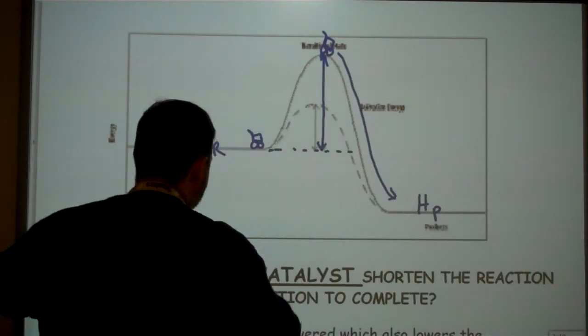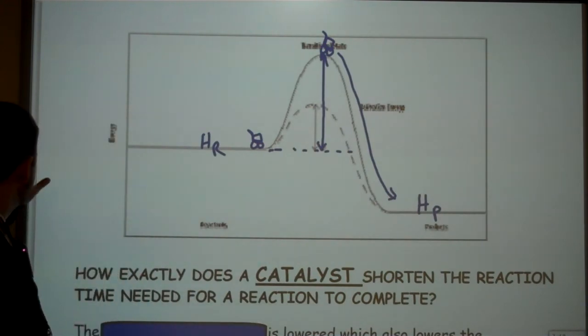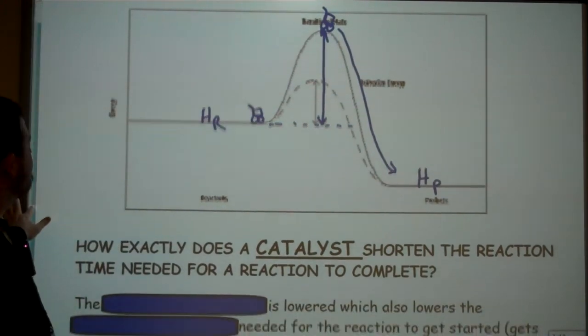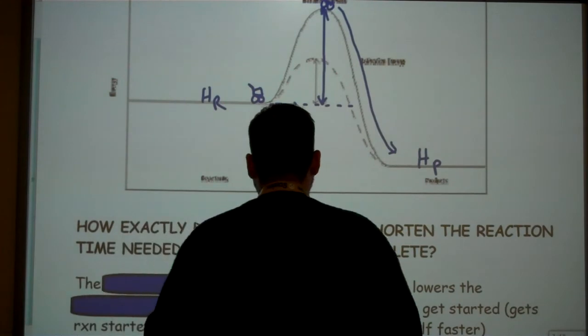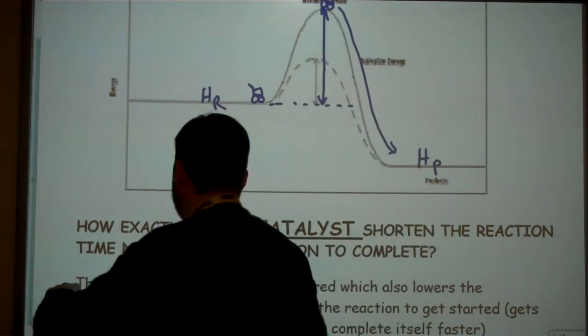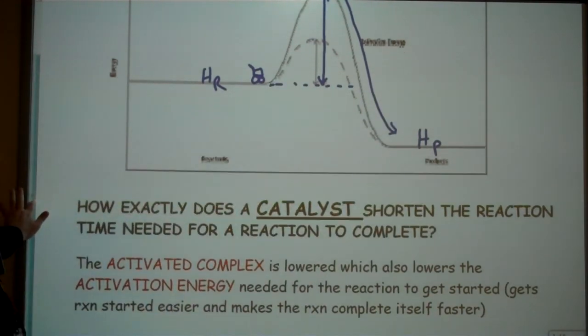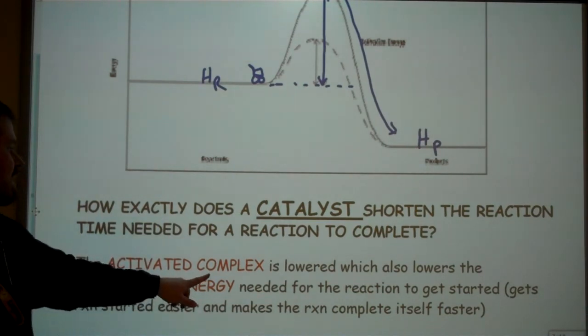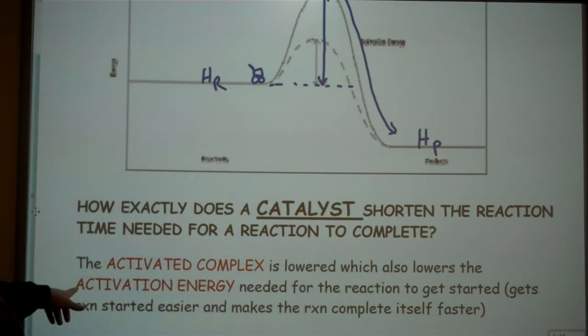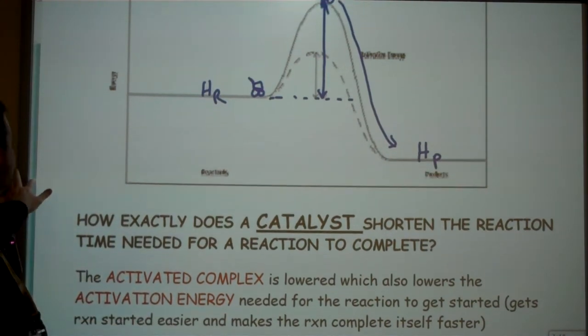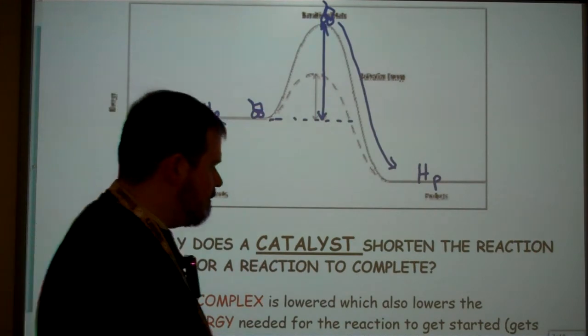That being said, we can start talking about what a catalyst really does. A catalyst is, let's do the notes piece. The catalyst shortens the reaction time needed because the activated complex is lower. So the activation energy gets lowered, and it specifically provides an alternate pathway.